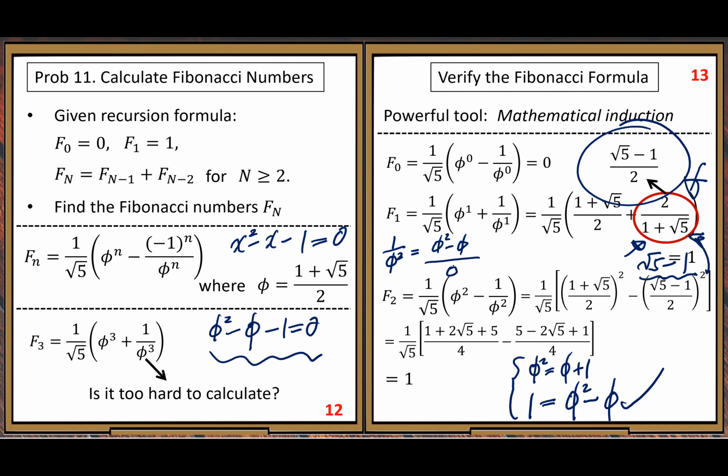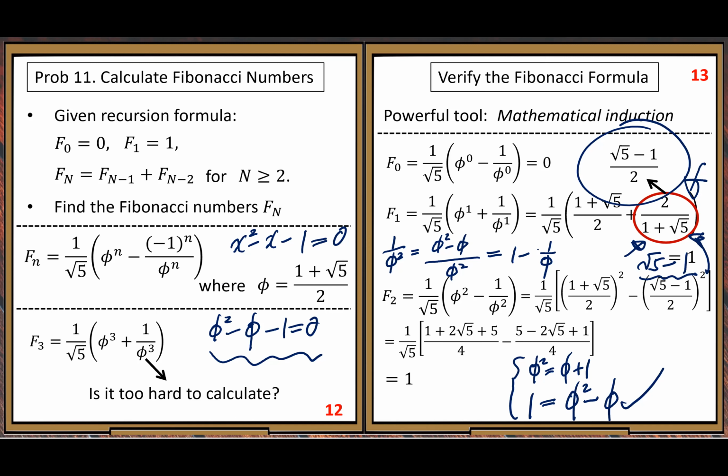Phi squared minus phi over phi squared equals 1 minus 1 over phi, right?